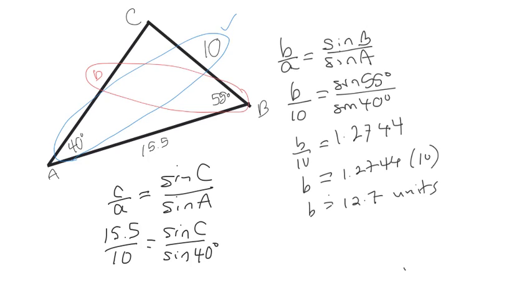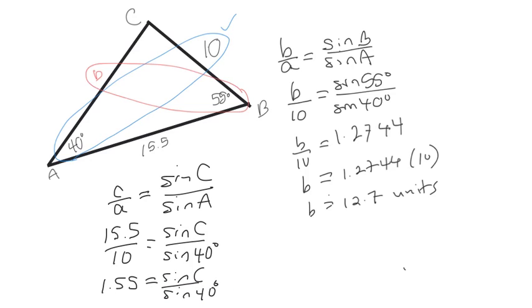All right. On the left side, I will do that calculation in my calculator, and I get 1.55 equals sine C divided by sine 40 degrees. Okay, now in order to get sine of C by itself, I have to multiply both sides by this term in the denominator.